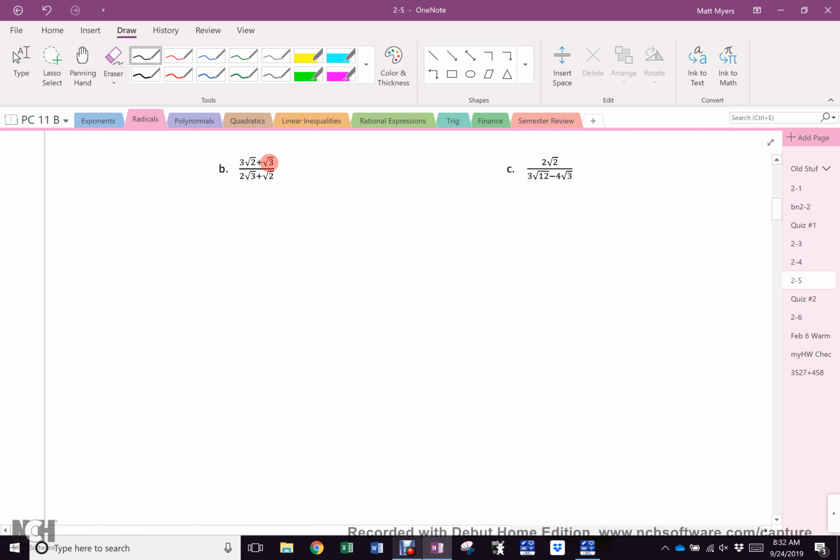What's the conjugate here? 2 root 3 minus root 2. 2 root 3 minus root 2. Now, ladies and gentlemen, you can see how involved this is going to get, yes? So again, I stress, until you're super comfy with it, I really stress writing it all out.